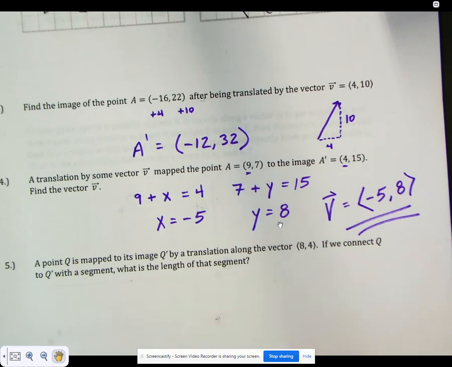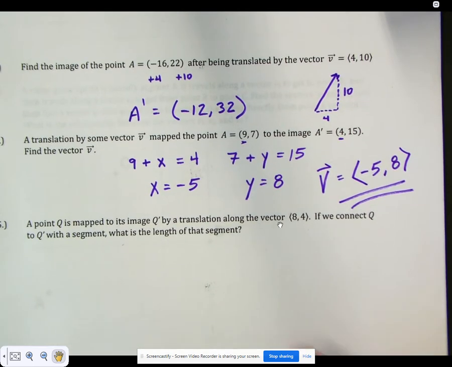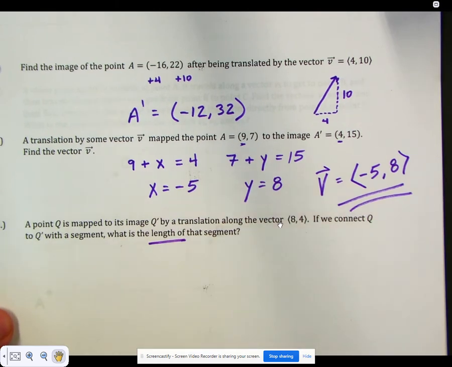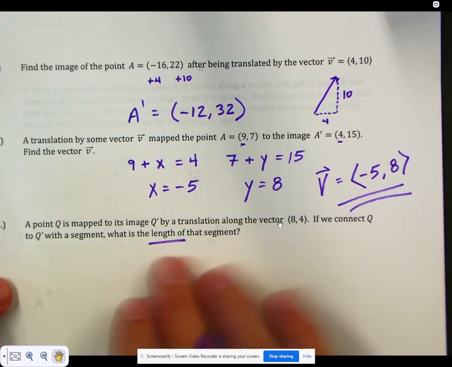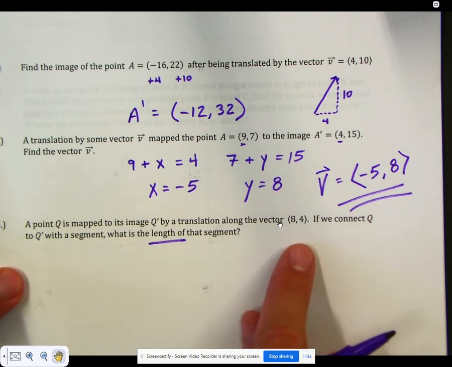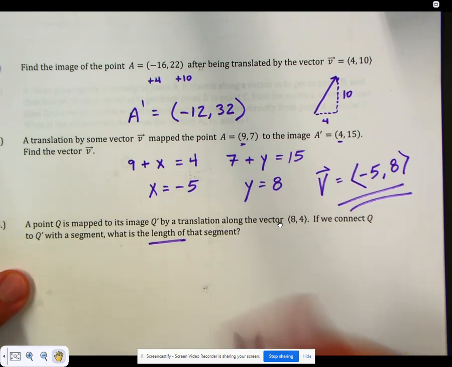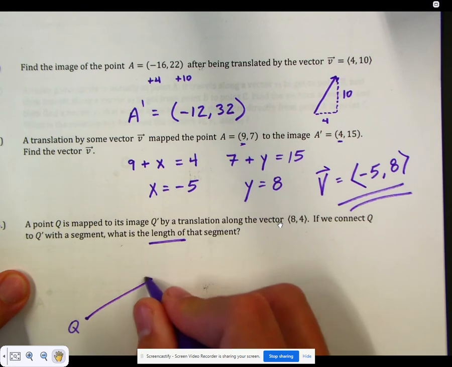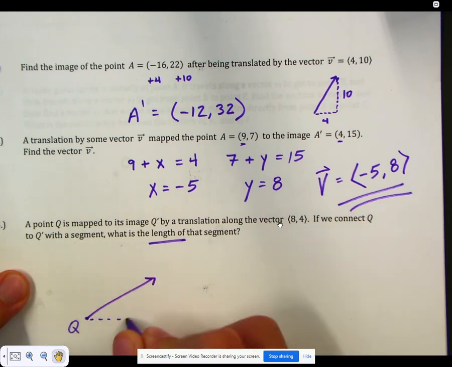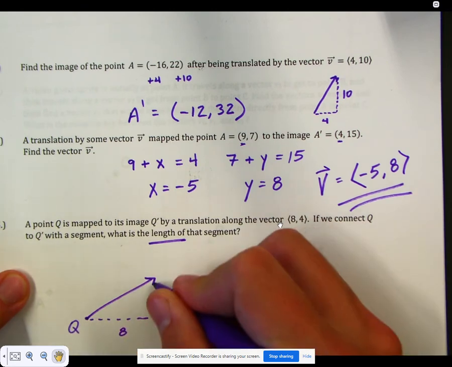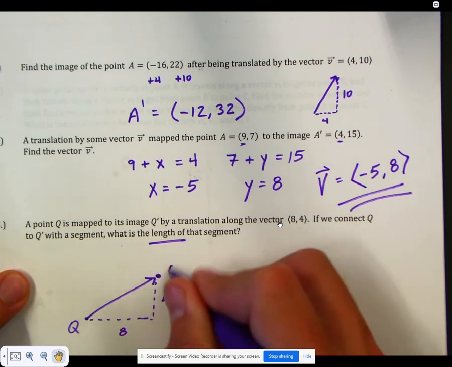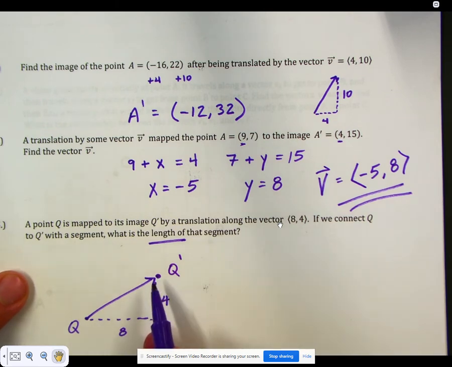Number 5, I'll just give you a hint on this one. It's about length, and that's what we've been talking about. That was a big part of our first problem set, length. So when you take a point Q, and the vector that maps Q to Q prime is 8, 4, so if you go over 8 up 4 to get to Q prime, so there's my mapping, Q to Q prime.